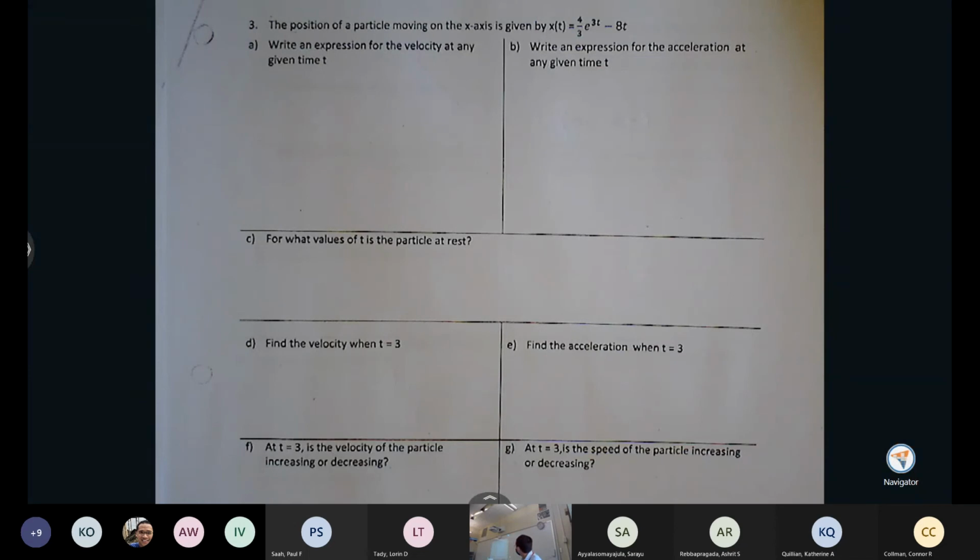Okay, so we find the derivative of position. Position will take us to velocity. So e to the u times u prime.